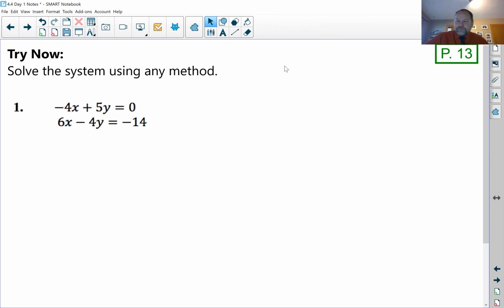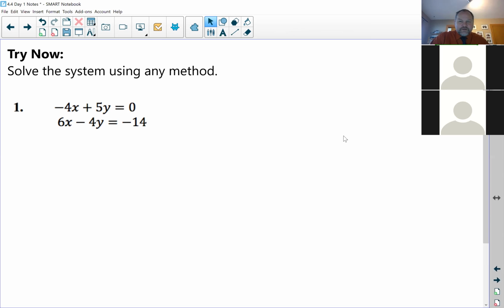Those are your choices. Elimination. Someone said elimination. Was that you, Jacinta? Yes. All right. I like elimination for this one because, again, they're not both in y equals. Neither of them are in either x equals or y equals. So I'm a fan of elimination with this one.